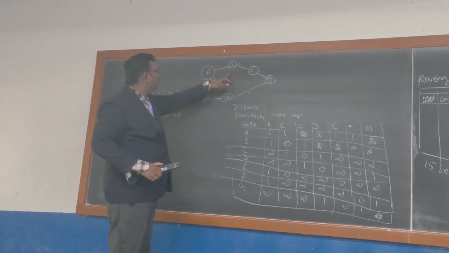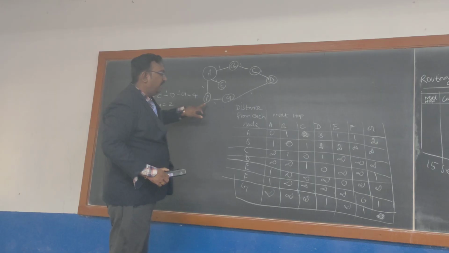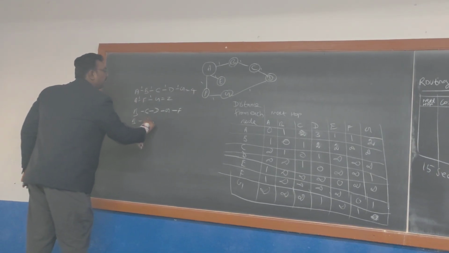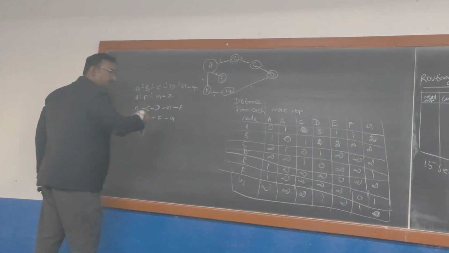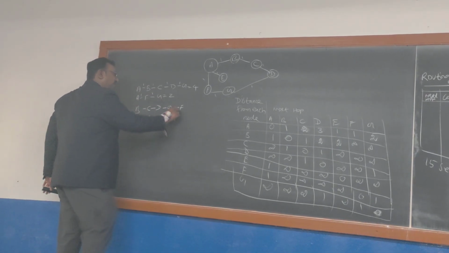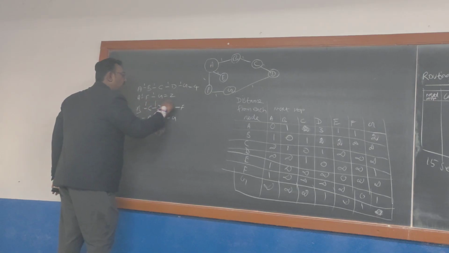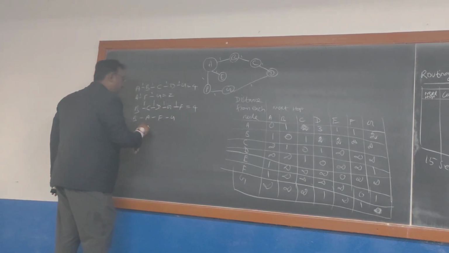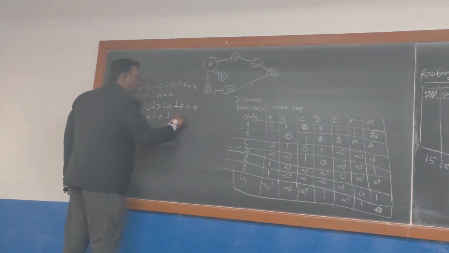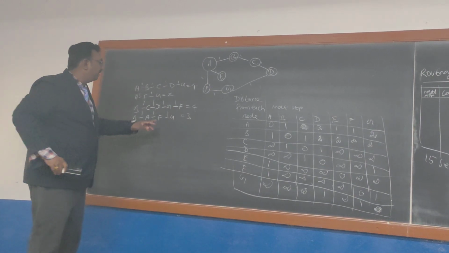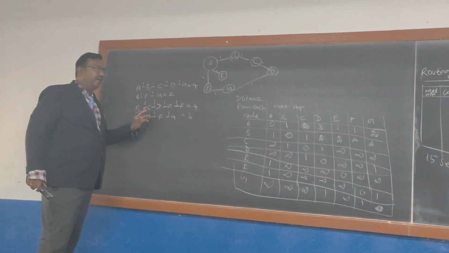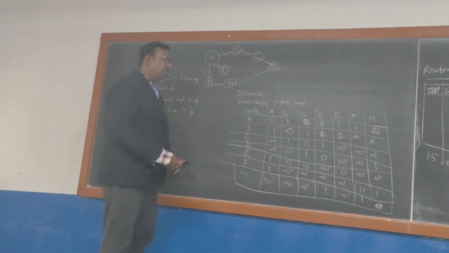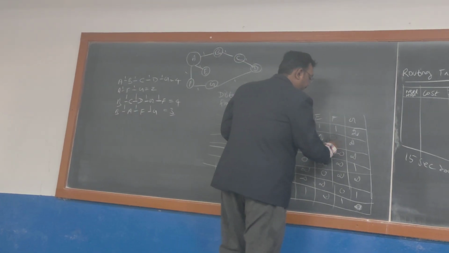The other path available from B to F is B to A, A to F, F to G. So what is the cost? For the first one, cost is 1, 1, 1, 1. So 1 plus 1, 2, 2 plus 1, 3, 3 plus 1, 4. For the next path it is 1, 1, 1. So total it is 3. So of these two paths available to reach F, you are going to take the least one, which is 3. So you are going to put 3 here.